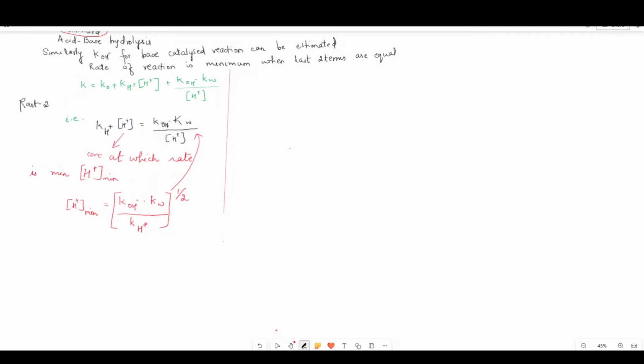Now, from the values of [H+]min, k_H+ and k_OH-, if we know all these values, we can easily find the value of Kw.